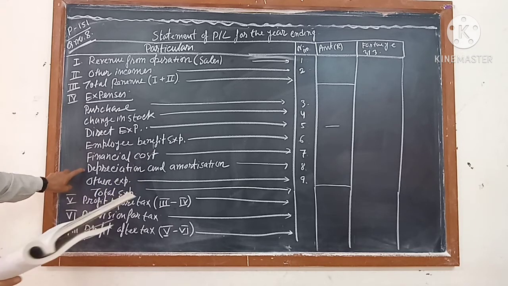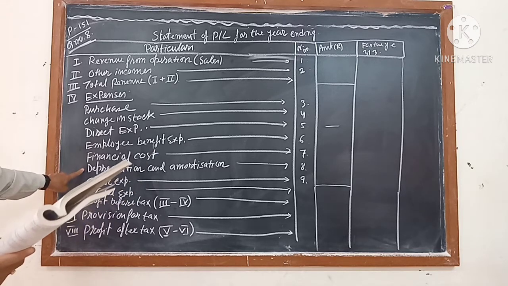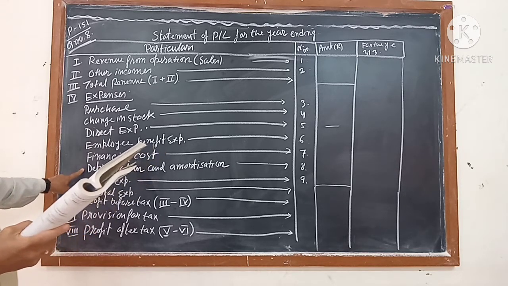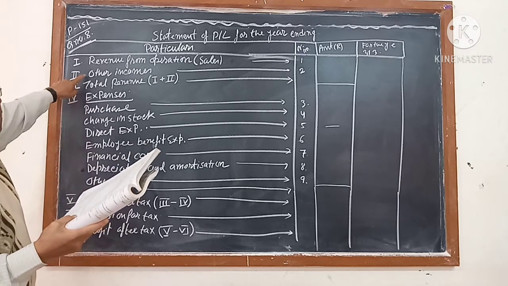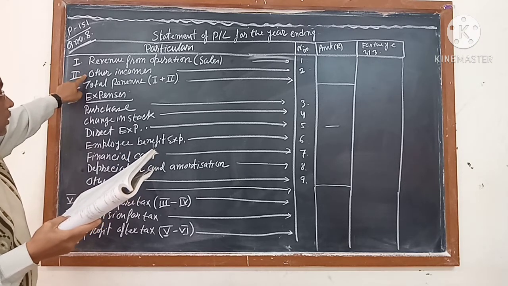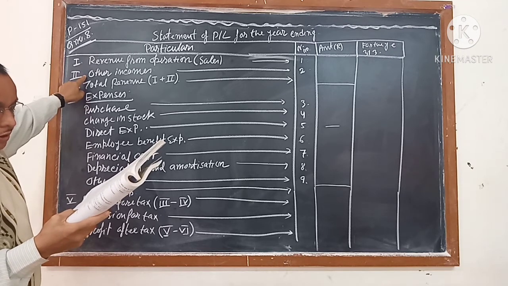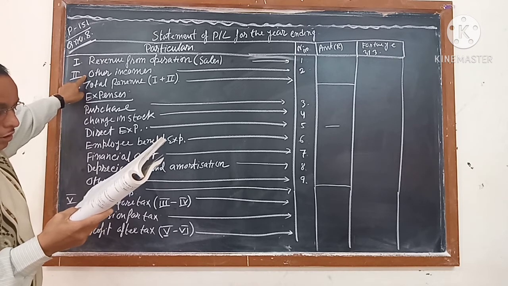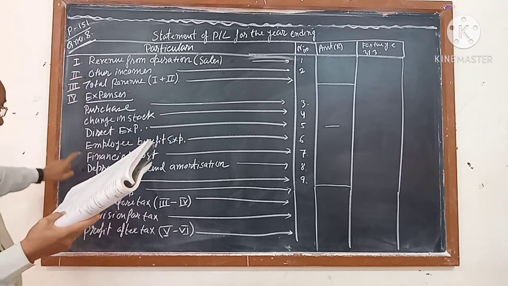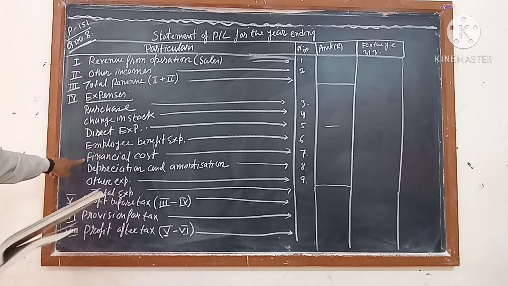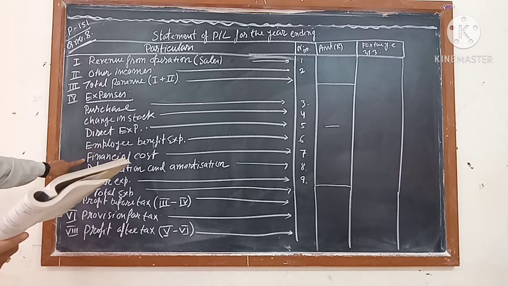Depreciation and amortization will come under number 8. Bad debt recovered is other income, number 2. Then debenture interest is financial cost, that is number 7.